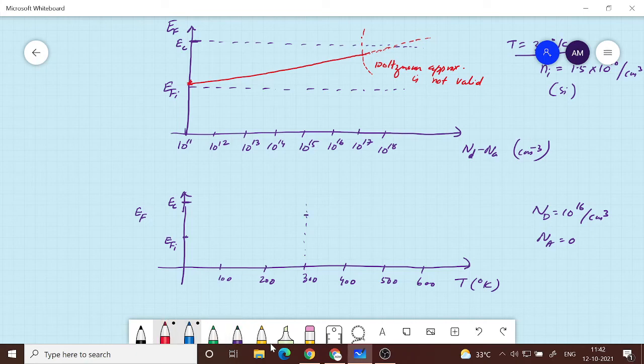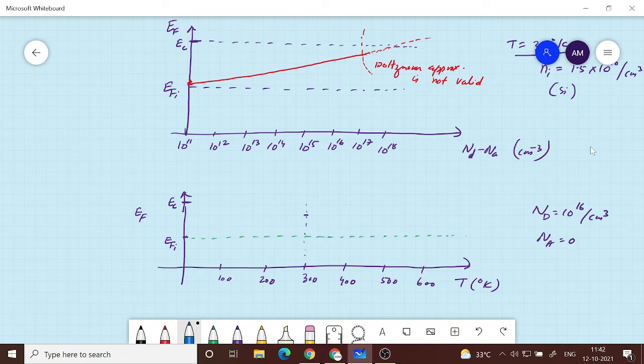And as you increase the temperature, what will happen? It will become more and more intrinsic. It will tend to go to intrinsic at very large temperature, because at around 500 or 600 degree Kelvin, intrinsic concentration also becomes comparable to 10 raised to 16. So that is when it becomes intrinsic.